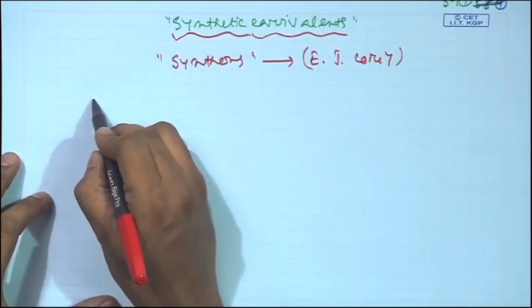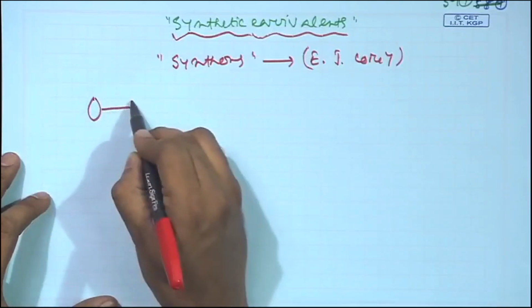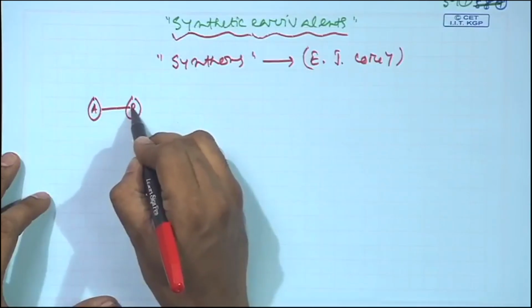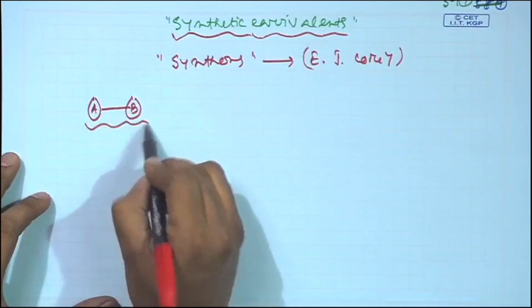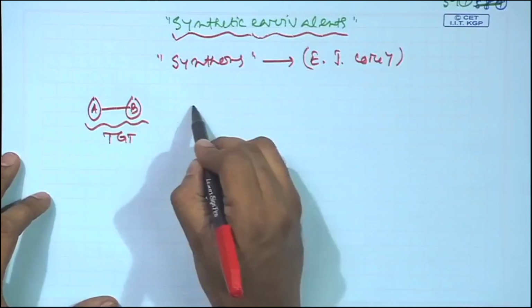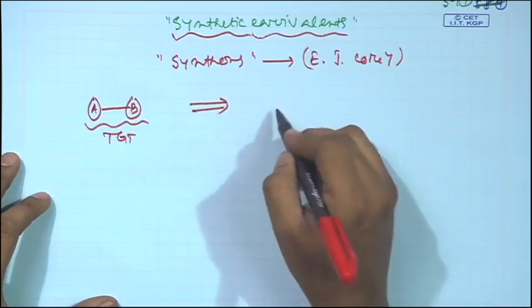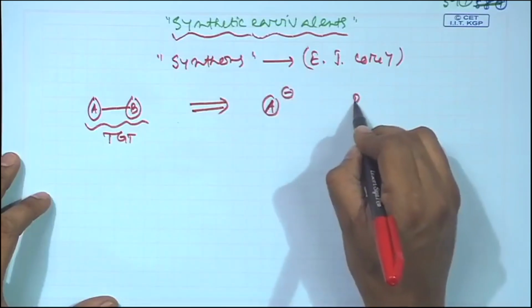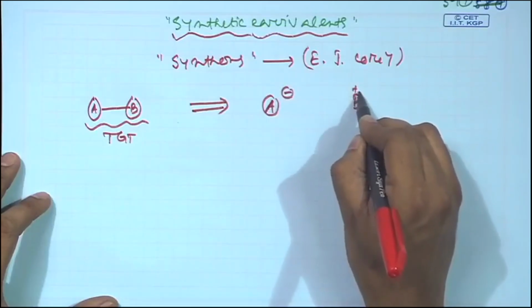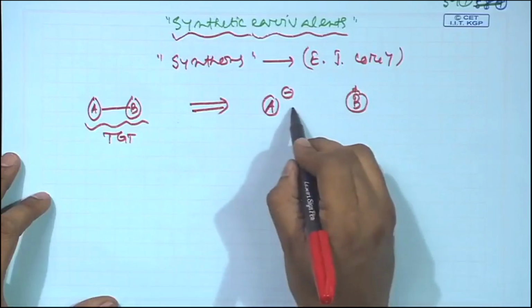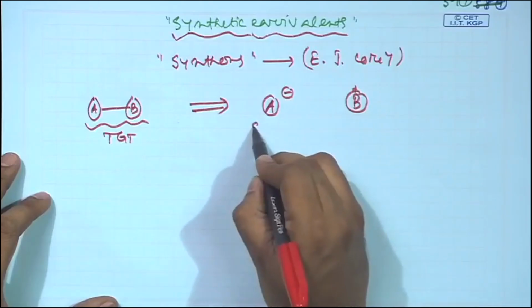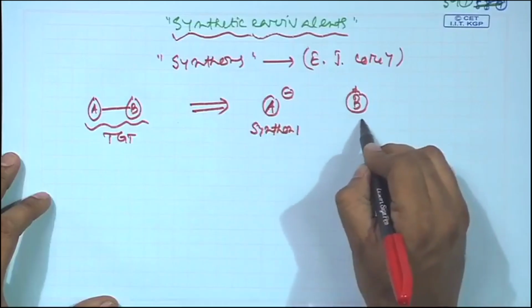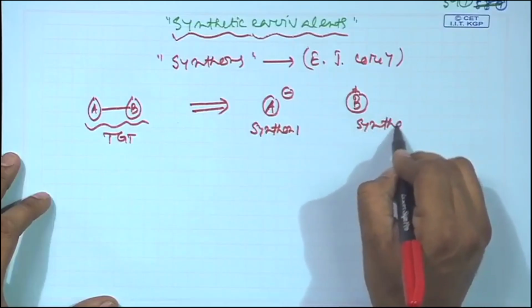Professor Corey's definition of the synthon says that if you have two different units in your target molecule, you can simply do a disconnection based on A minus and B plus, just by polarity addition, and you can make a new bond. This A minus can be called synthon 1 and B plus can be called synthon 2.